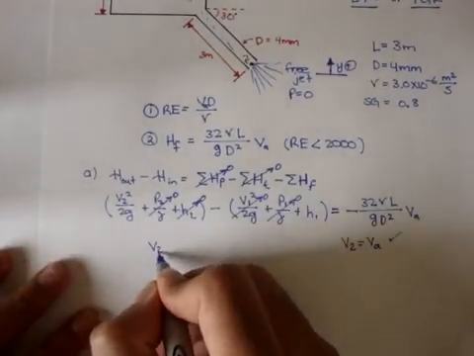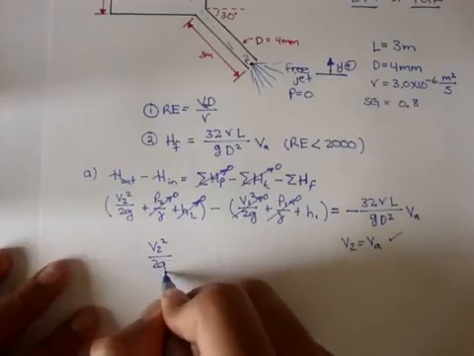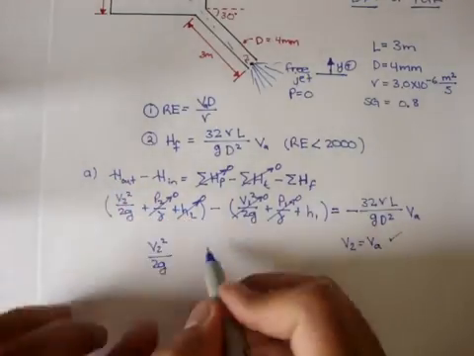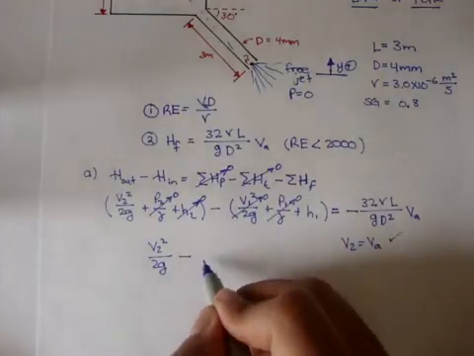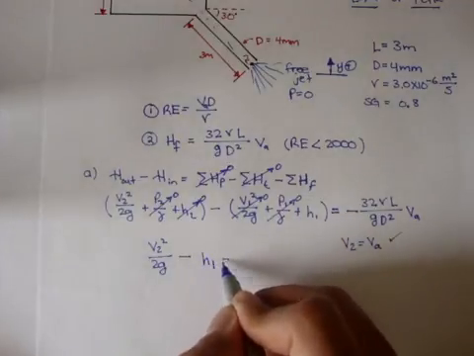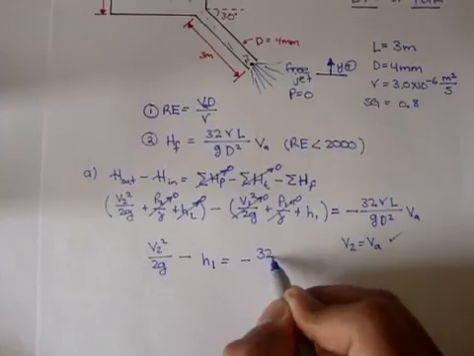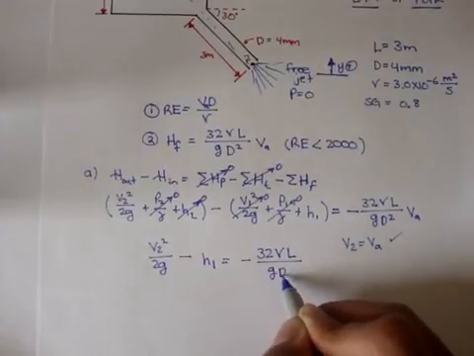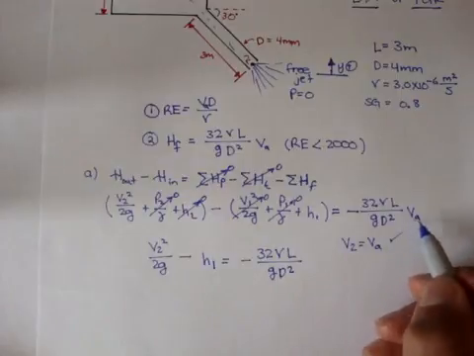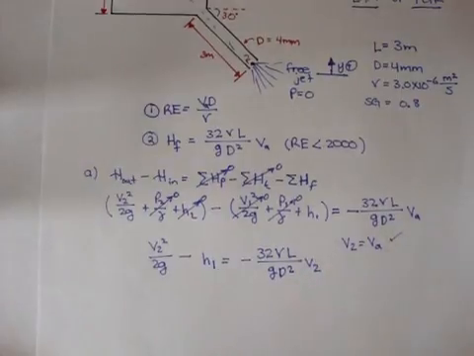We can say V2 squared over 2g, 0, 0, minus h1 is equal to negative 32 nu L over g D squared times VA, or V2.